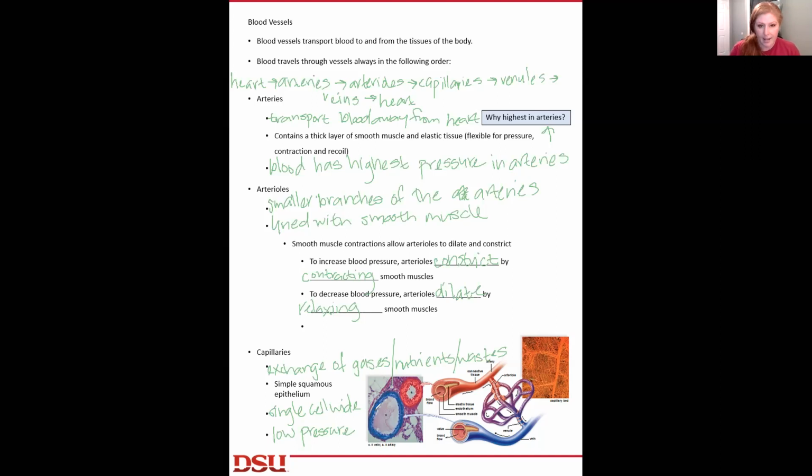As it does that, it lets the pressure decrease, not to abnormal or unhealthy levels, but just to the levels that the smaller and smaller blood vessels can accommodate and handle. Because again, we'll blow out capillaries if they have high blood pressure. They're only a cell thick, only a cell wide. So it's got to be low pressure there for them to be able to exchange nutrients.